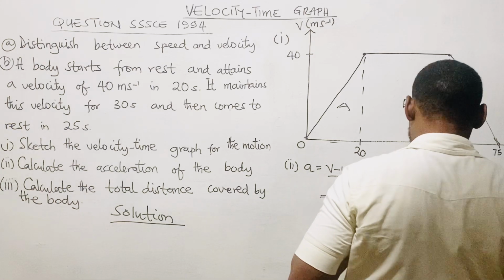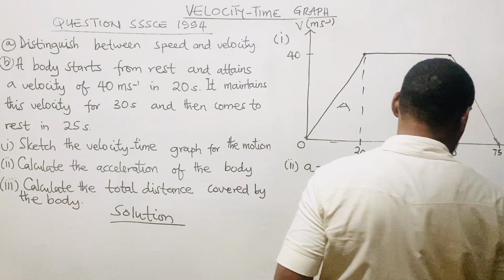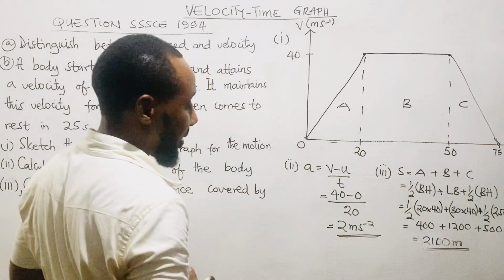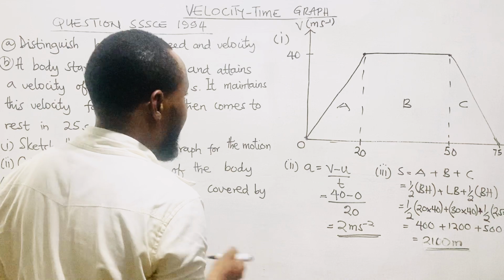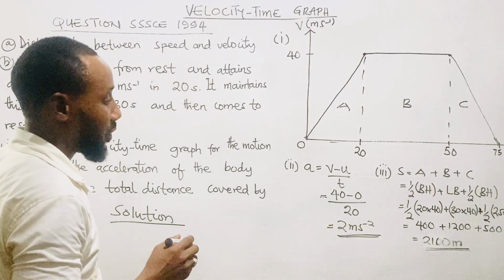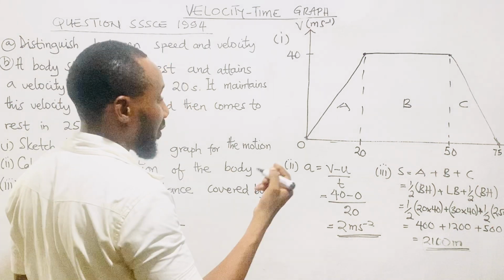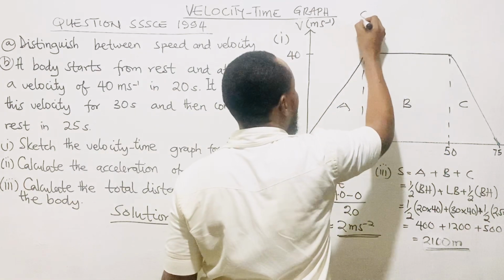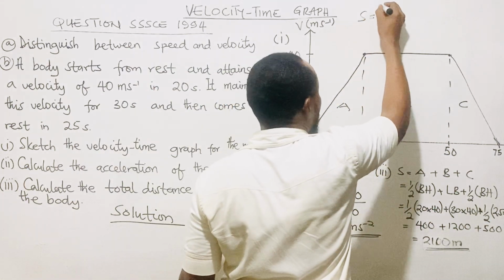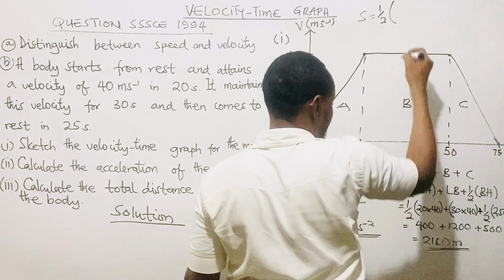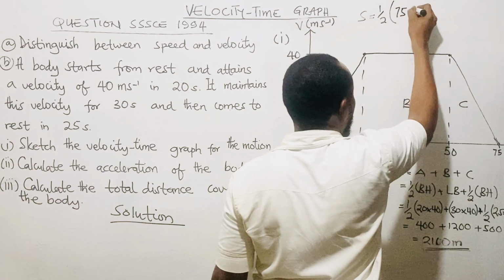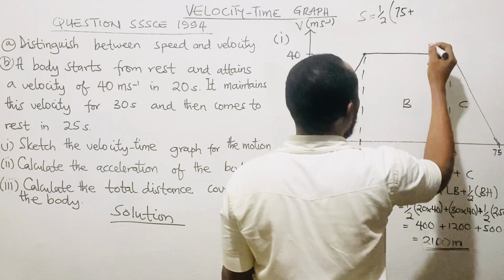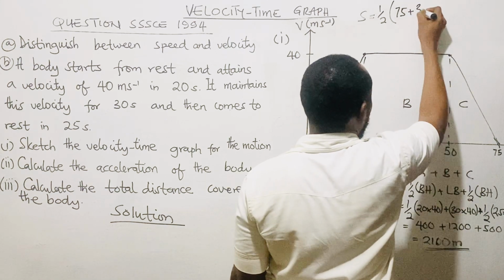All right, so this is what I have. I have 2100 as my total distance. Now let us use the formula for the trapezium and see what we are going to get, just to cross check. So if we say total distance, so we have this. The longest side is 75, the shortest side is 30, right?